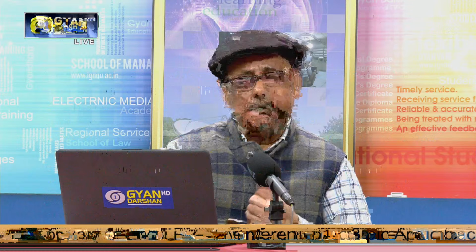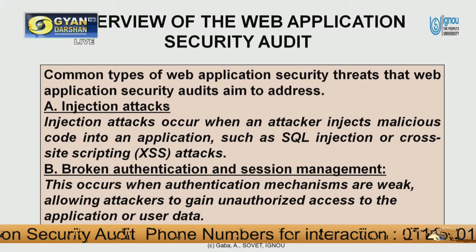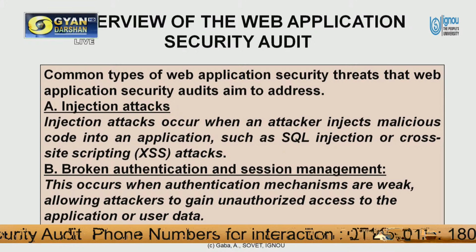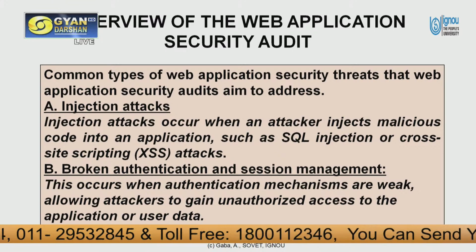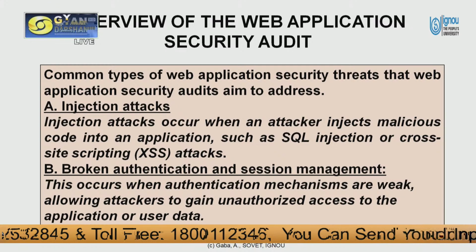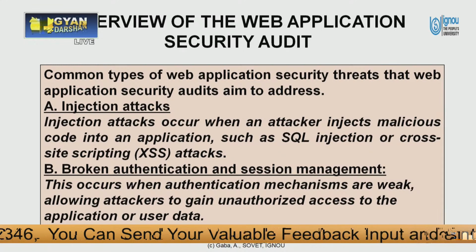If you have any queries or difficulties with the conceptual framework or technicalities of this topic, you may call us. Let me explain the injection attack again. It occurs when an attacker injects malicious code into an application, such as SQL injection or cross-site scripting, that is, access attacks. Number 2 is broken authentication and session management.